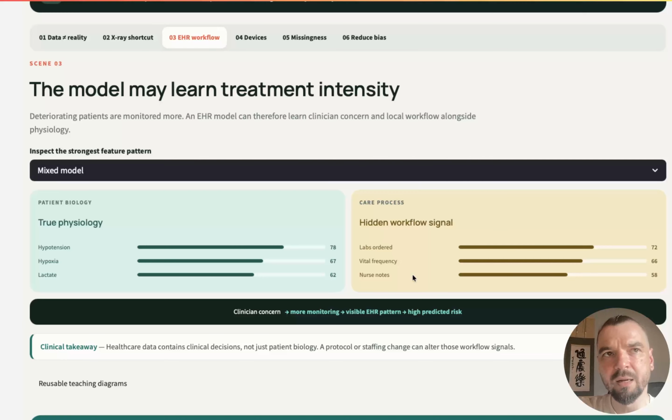And if in the hospital the labs are ordered more frequently for more ill patients, then the model will consider that if there are more results, the patient is sicker, and if there are no results, the patient is healthy.